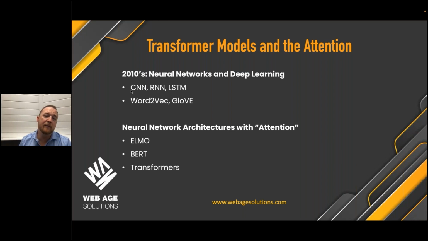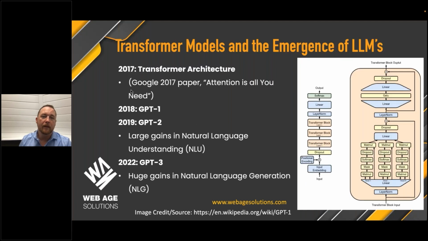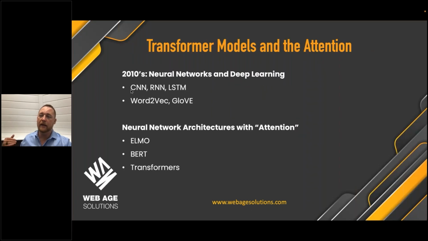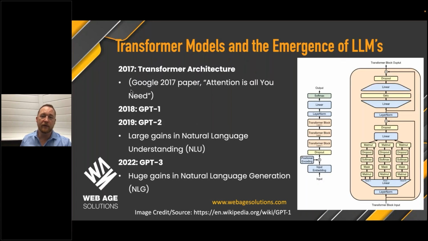Next, we got attention mechanisms like ELMo and BERT, and then transformers. ELMo had unidirectional attention, BERT had bidirectional attention, and then transformers were built on a Google research project and research paper that came out in 2017. It was called Attention Is All You Need.